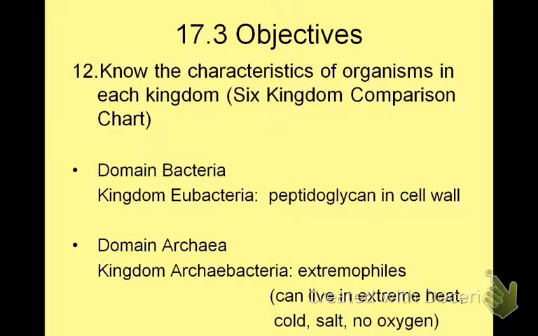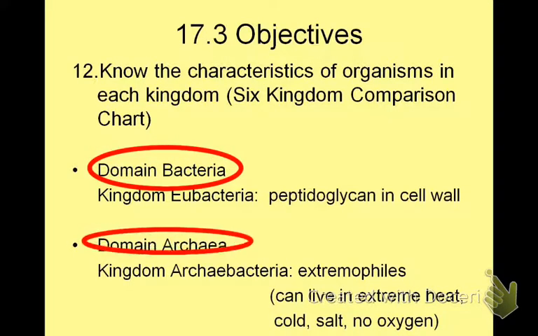The other thing that you need to know is the differences between the kingdoms. And there were 6 different kingdoms that were listed. The 2 bacterial kingdoms were under these domains, so domain Bacteria and domain Archaea. So again, kingdom Eubacteria, the peptidoglycan is the chemical that's found in their cell wall.